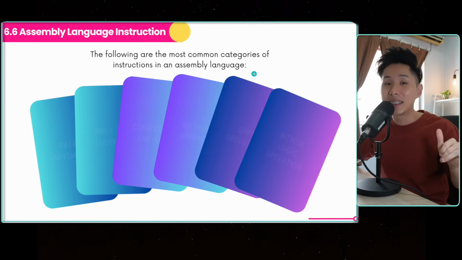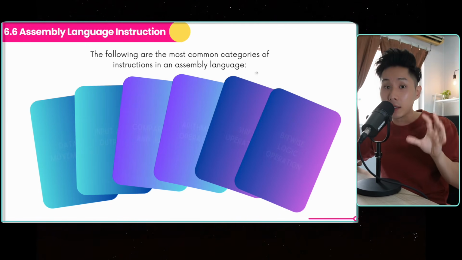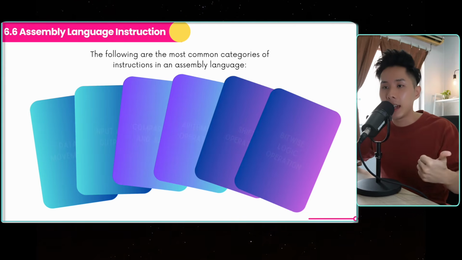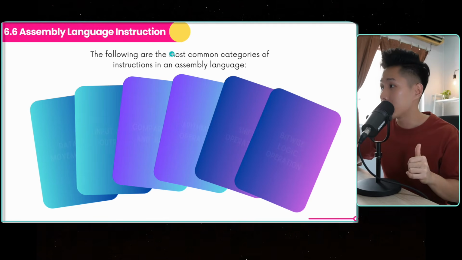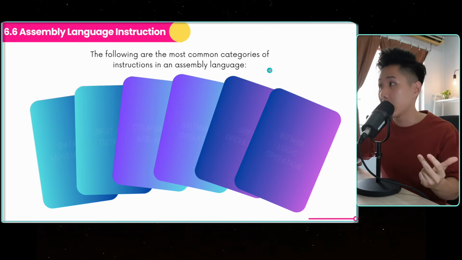So now is the gist of this lesson here. So far we have seen the different instructions, the opcodes, but what do they actually mean? What's the difference between ADD and STO and even LDI? So I'm going to explain it in a very easy way to help you understand the different instructions in an assembly language.